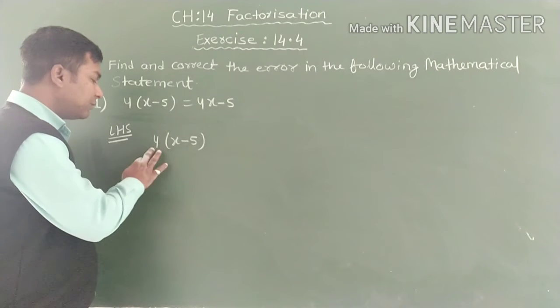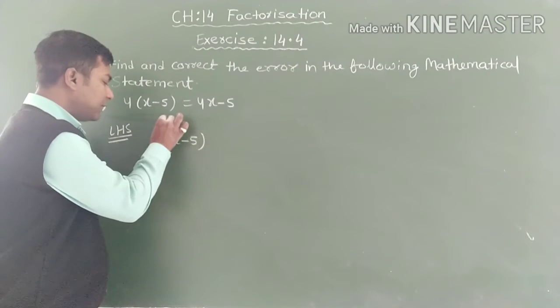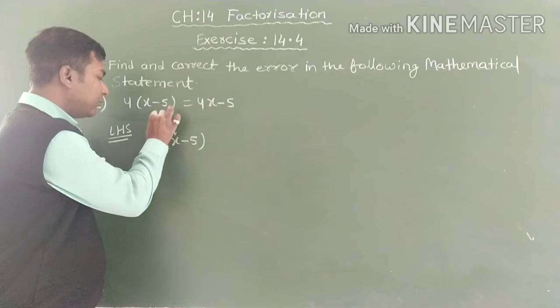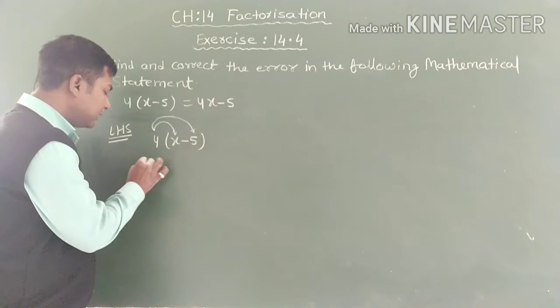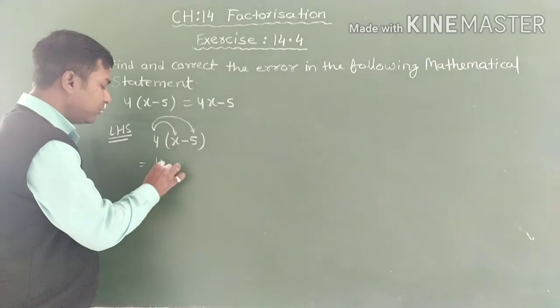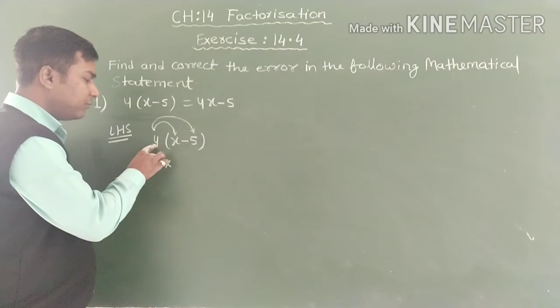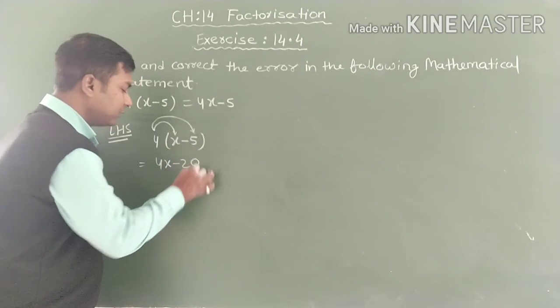Now 4 is multiplied to x, then 4 is multiplied to minus 5. When 4 is multiplied to x, it will be 4x. When 4 is multiplied to minus 5, it will be minus 20.